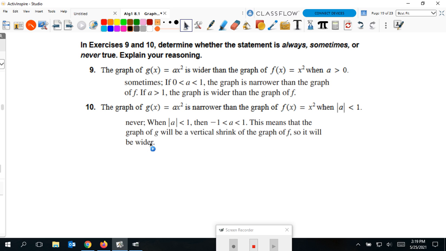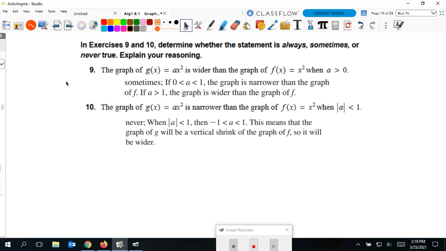So it's never going to be narrower when it's in that section, right here between 0 and 1. So that's why it's never on this one. It would always be wider. So if this said wider, it would say always. But since it says narrower, it's never going to be narrower.